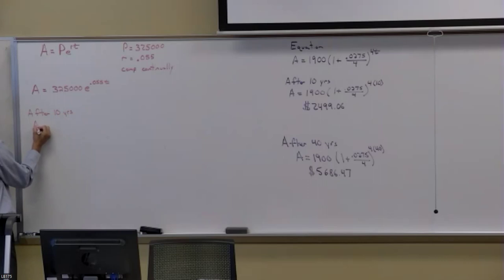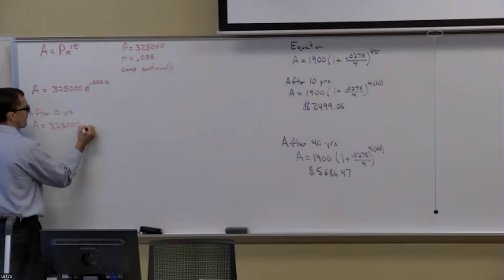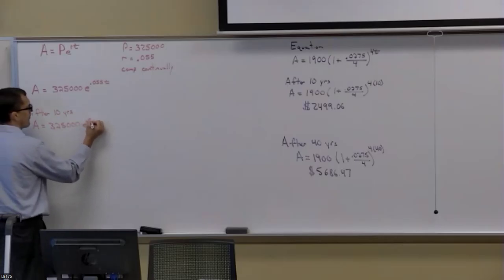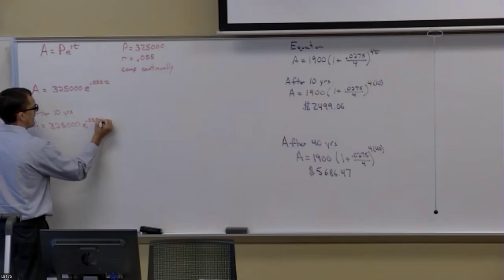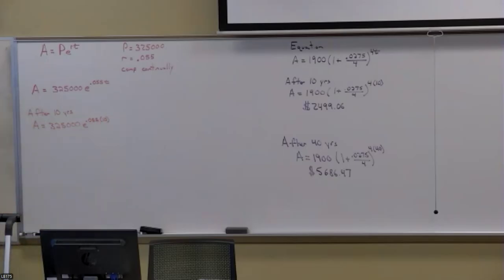After 10 years, we just plug in a 10 for t. After 40 years, we just plug in a 40 for t. Remember, this is the e that we showed on the calculator last class period. So that particular e.